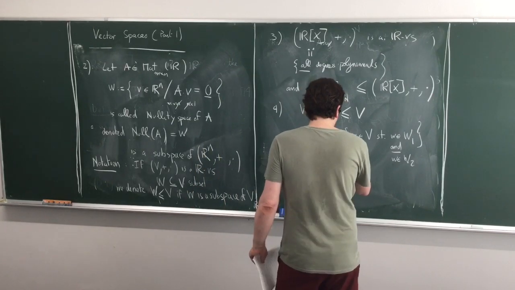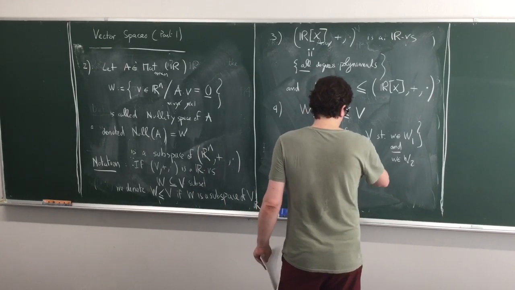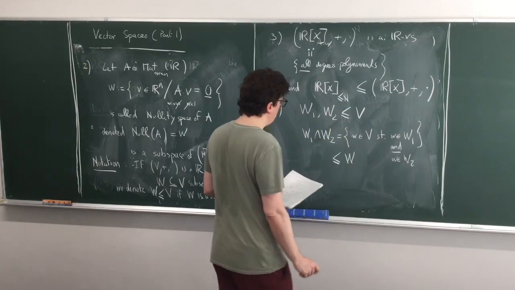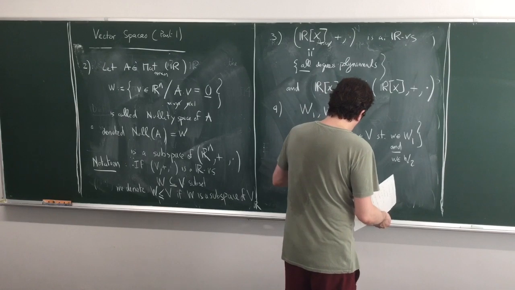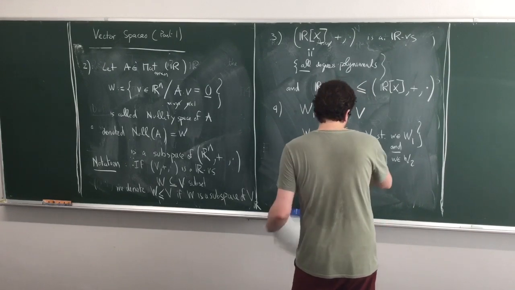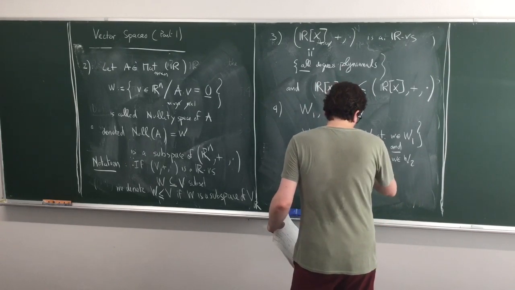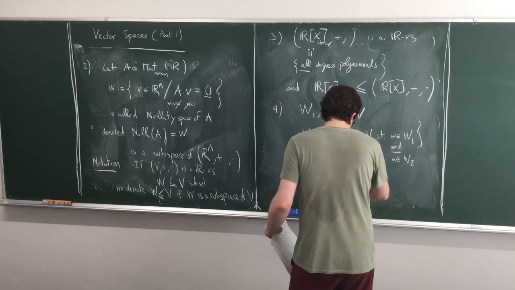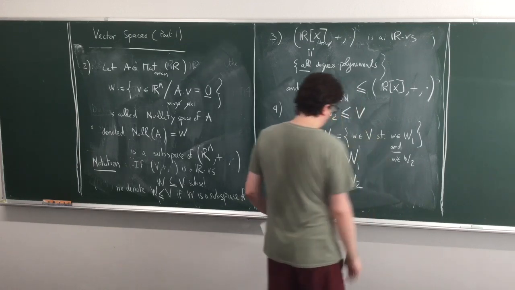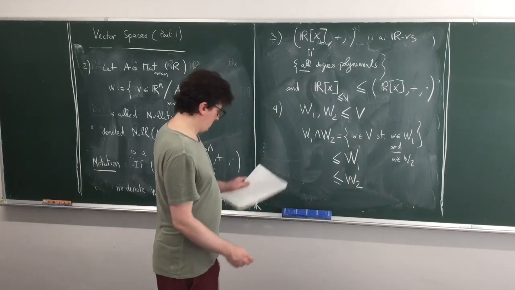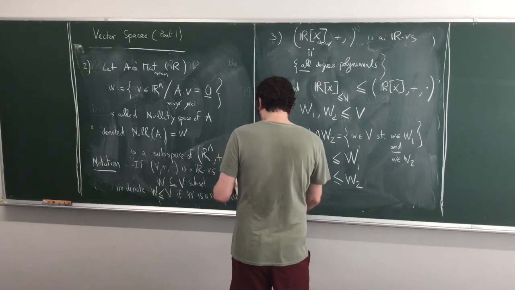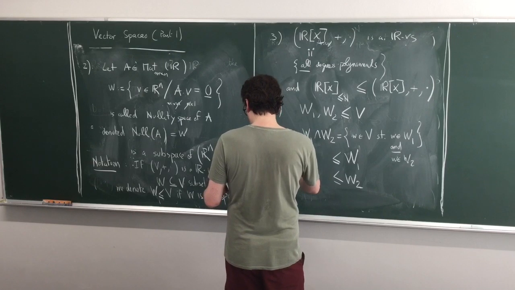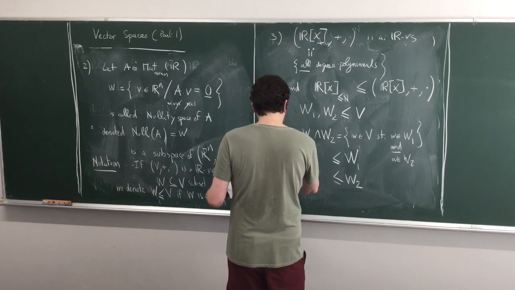Then this will also be a subspace of V. Actually, it will be a subspace of each of W1 and W2. And this is an exercise.